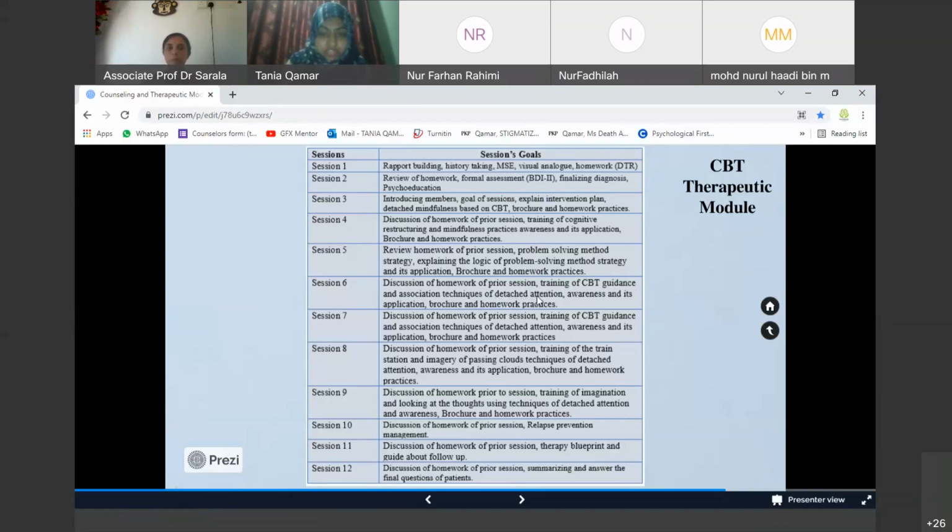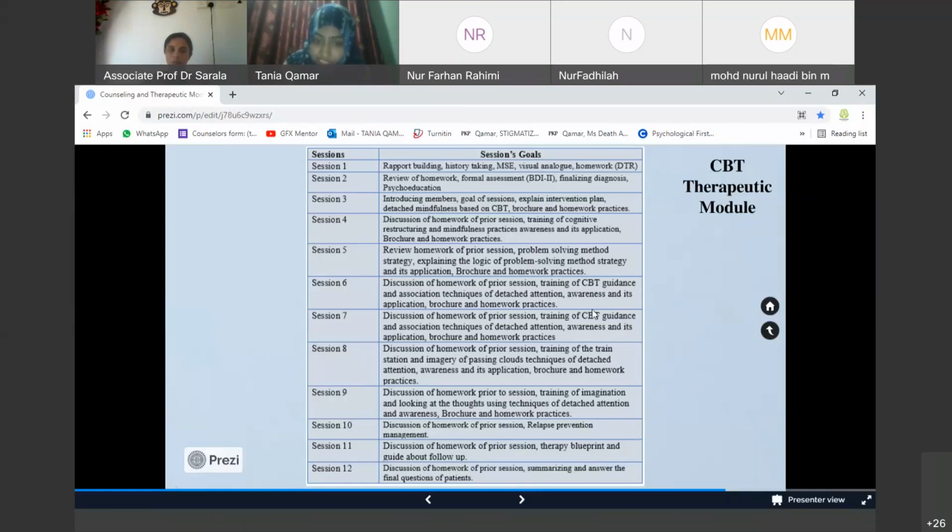We ask them to distract themselves when they feel like this. But it's a temporary treatment. We use it in initial sessions, but at the end we use detached mindfulness for their permanent treatment. Awareness and its application, brochure and homework practices.